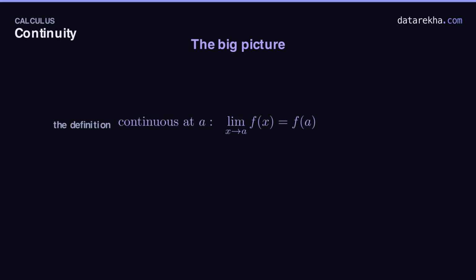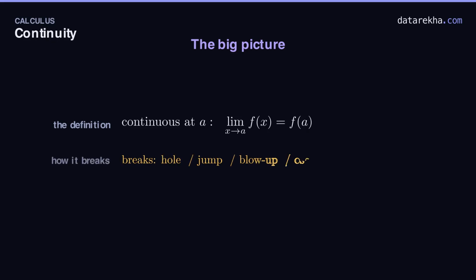Let's lock it in. A function is continuous at a when the limit there equals the function's value. What it's heading for is exactly where it lands. No lifting the pen. When that fails, it's one of four breaks: a hole, a jump, a blow up to infinity, or an endless oscillation. Only the hole is removable.